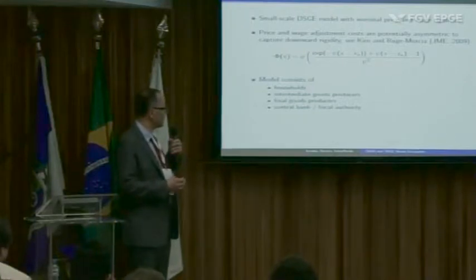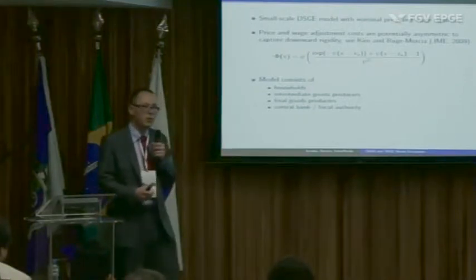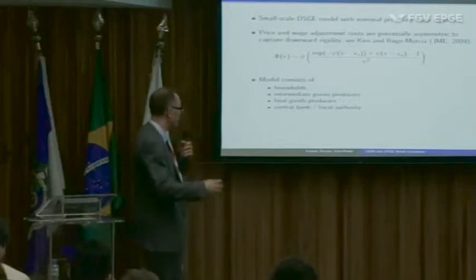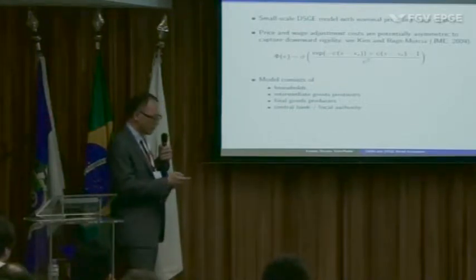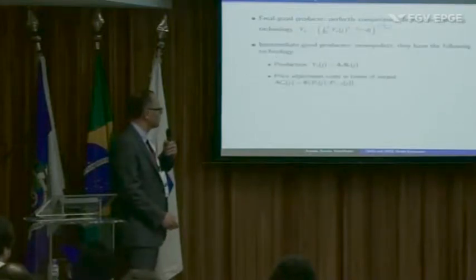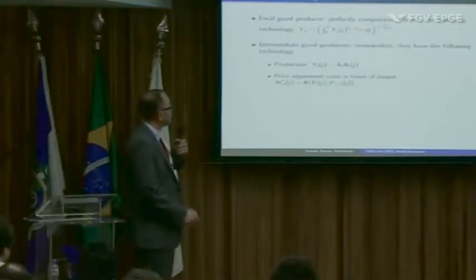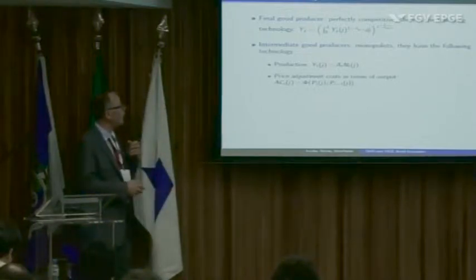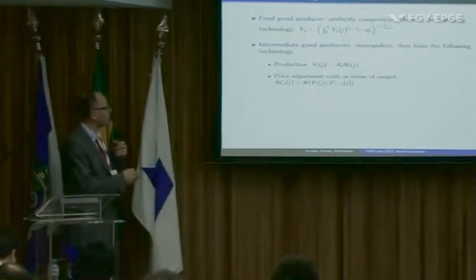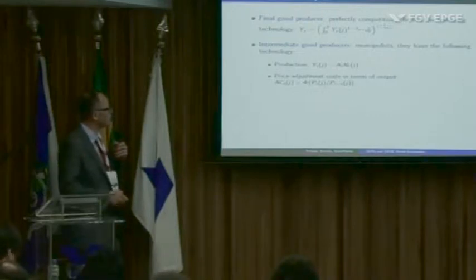The rest of the model is a pretty standard New Keynesian model in which we have households, intermediate goods producers, final goods producers, and a central bank and fiscal authority. So the final goods producers basically buy these intermediate goods and aggregate them into a final good.